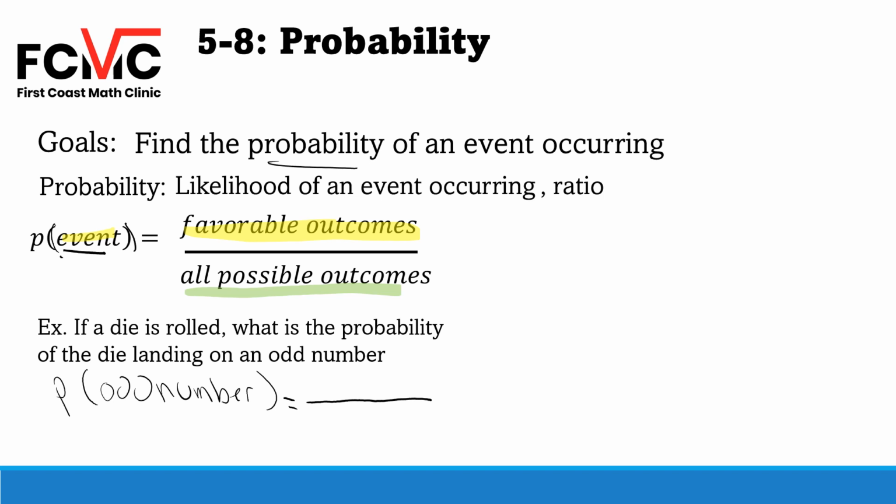So if we think about it, a die has numbers 1, 2, 3, 4, 5, and 6. Our favorable outcomes are going to be our odd numbers, right? That's what we want, so odd numbers are going to be in our numerator. Our denominator is going to be all possible outcomes.